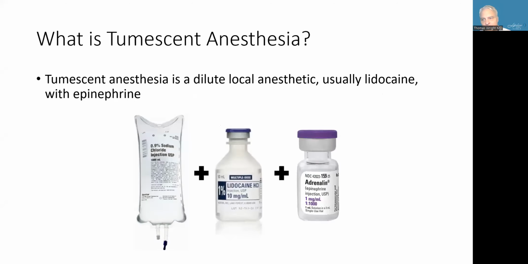So first, I want to explain what is tumescent anesthesia. Tumescent anesthesia is when dilute local anesthetic, usually lidocaine, is given with added epinephrine. The epinephrine decreases the risk of bruising and blood loss, and then the local anesthetic provides the anesthesia.